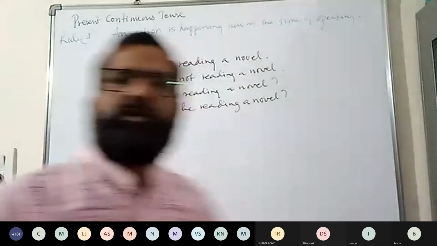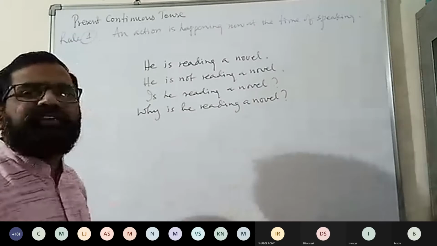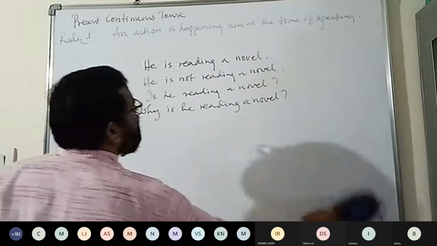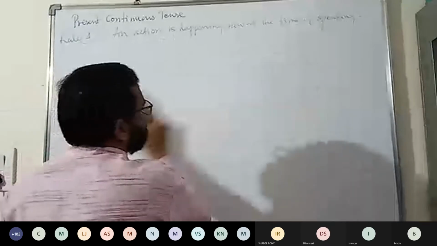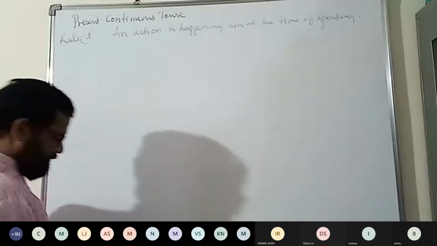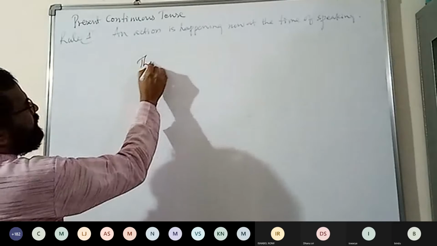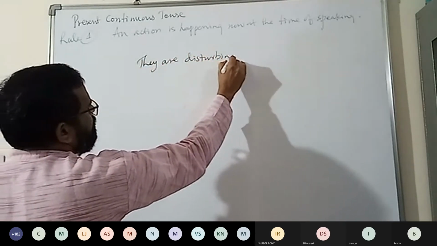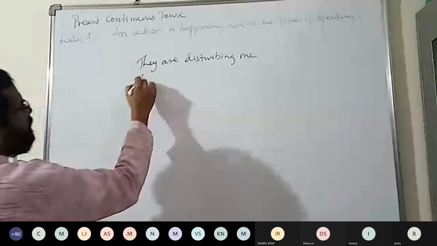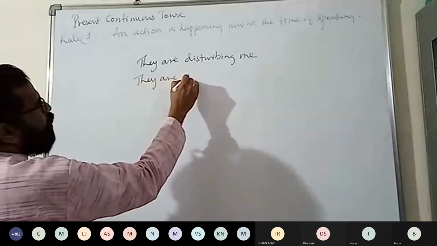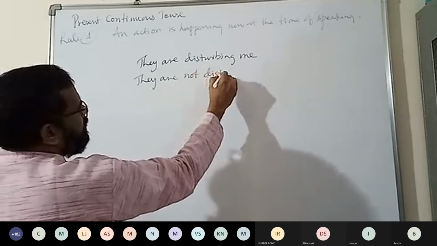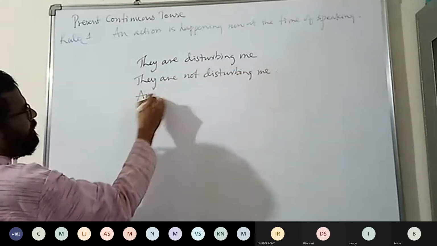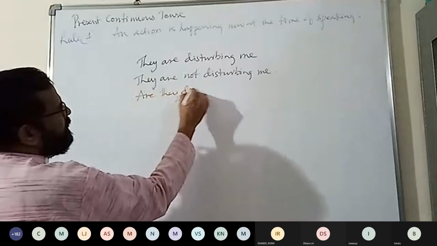Finished writing? Right. These are yes or no for singular subject. Let's now look at plural subject. They are disturbing me. They are not disturbing me. Are they disturbing me?